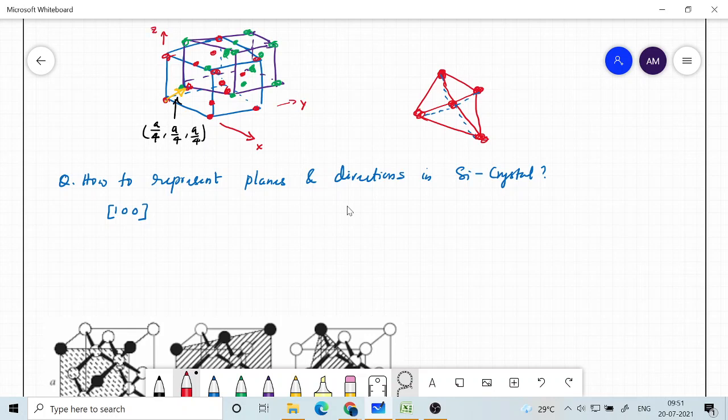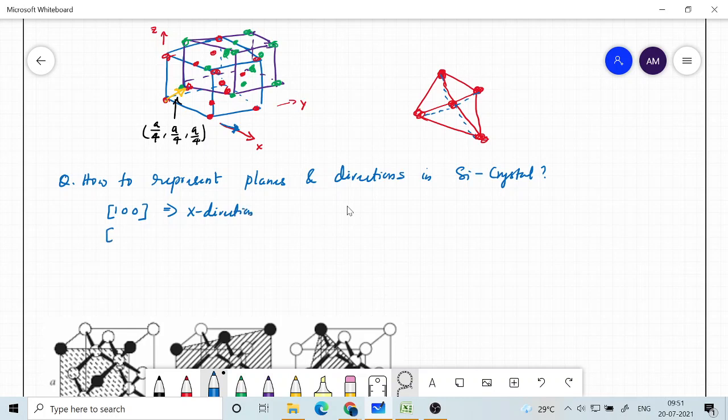Okay, so they form basically a right-handed coordinate system. So if I have a vector which is aligned in the x direction like this, then it doesn't have any component in the y direction or z direction. So therefore the y component and z component are 0, and I only have x component. So we write it with the lowest integer. So that is 1, 0, 0. Okay, so this is a vector in the x direction. So this represents x direction.